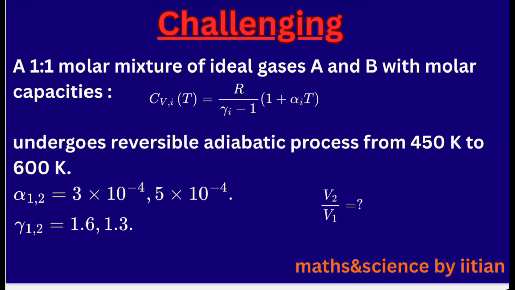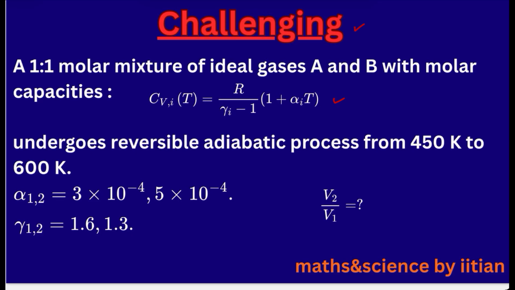Let us try to understand what the question given here is. A 1:1 molar mixture of ideal gases A and B with molar heat capacities. The molar capacity equation is given, showing how they are related. CVi, where i means gas 1 and gas 2.